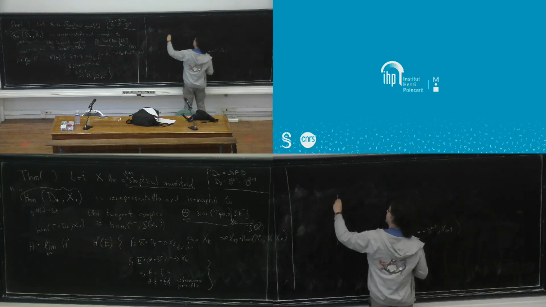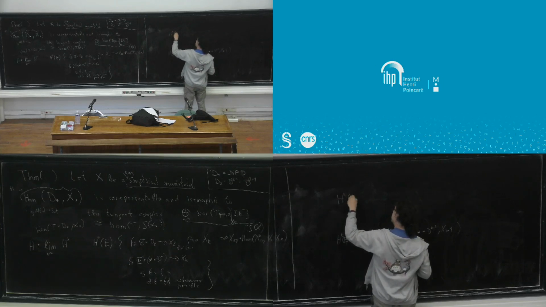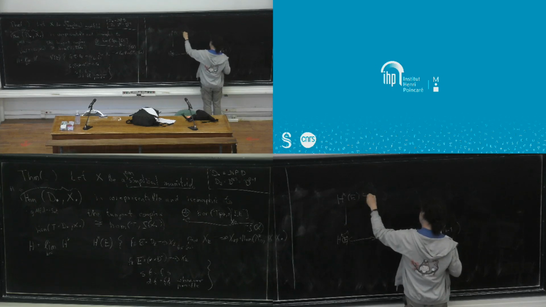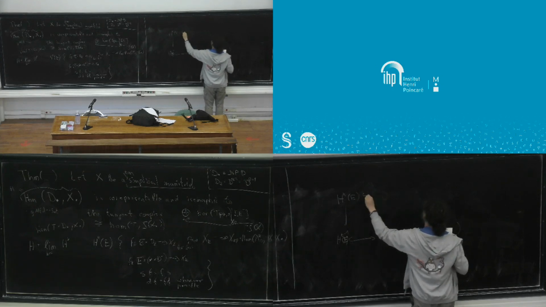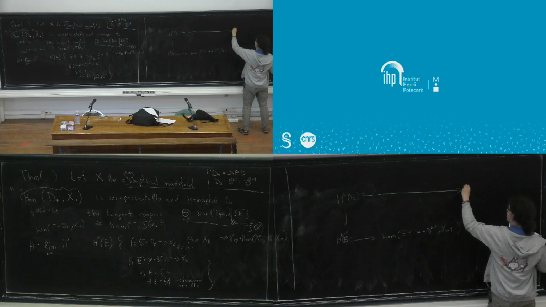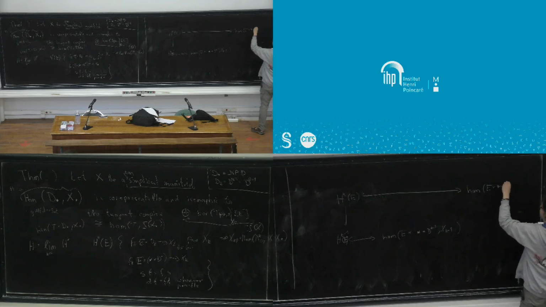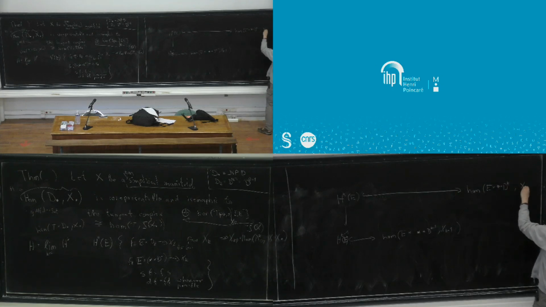And hk of E sits in hom from E times star times d^k to xk.